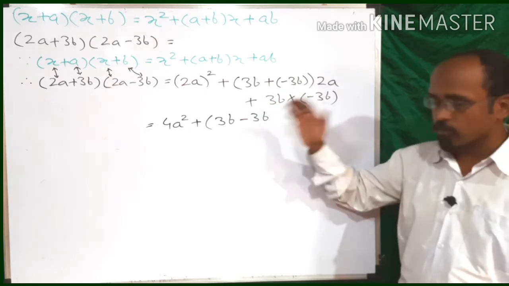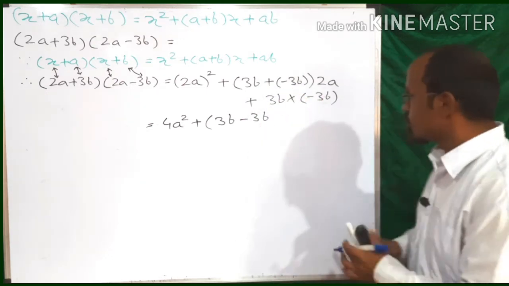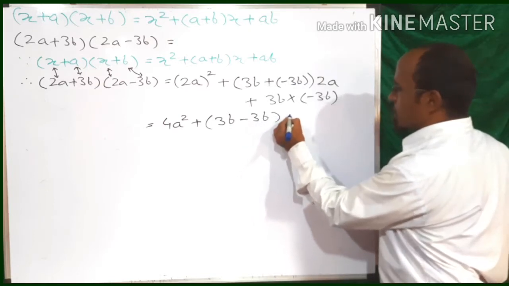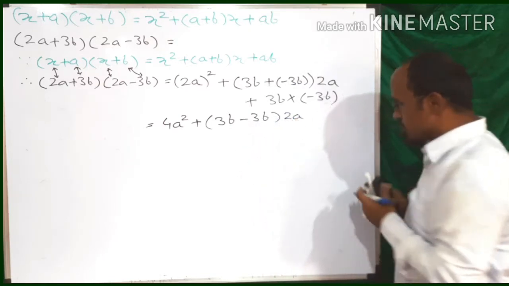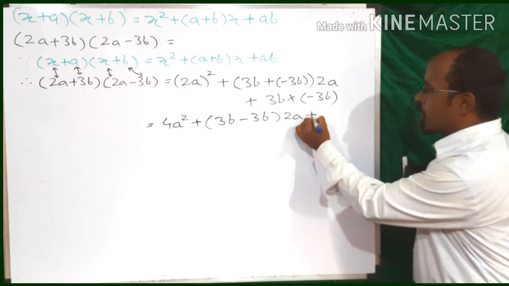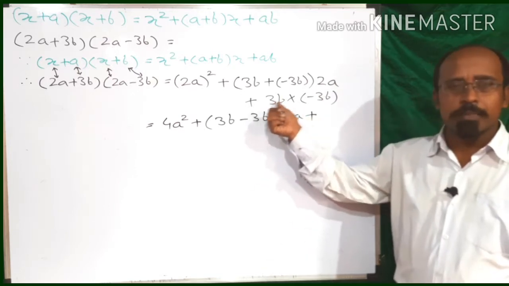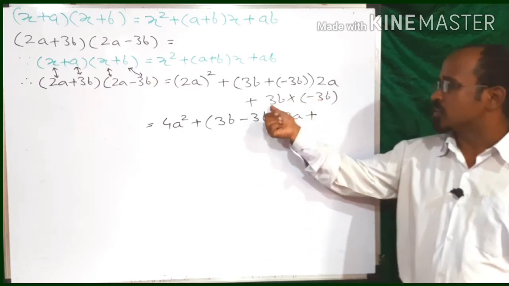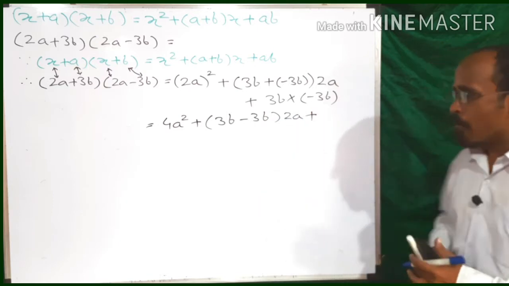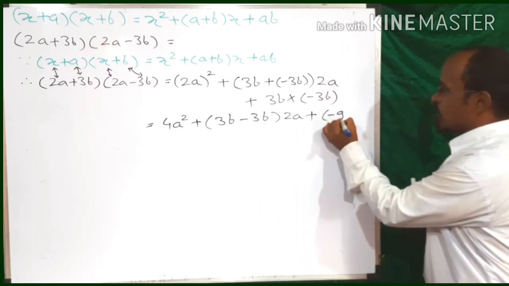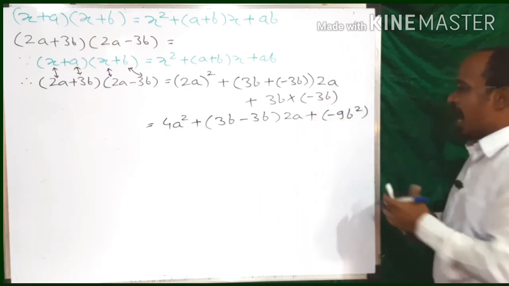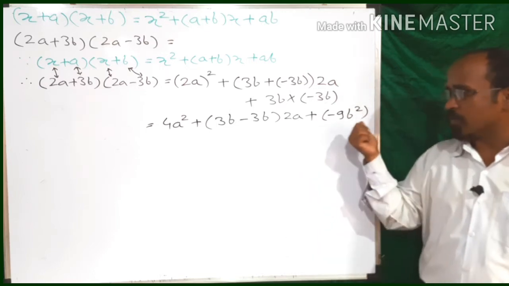So this minus 3b will be as it is. Done. Multiplied by 2a, plus 3b into minus 3b. 3b into minus 3b will be minus 9b square. The answer is negative, so I have written it in a bracket.